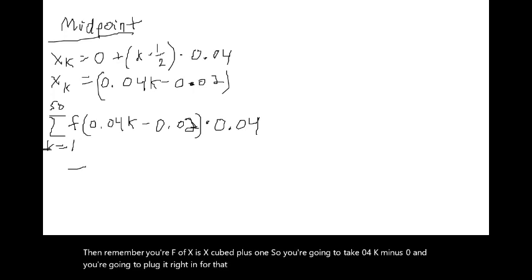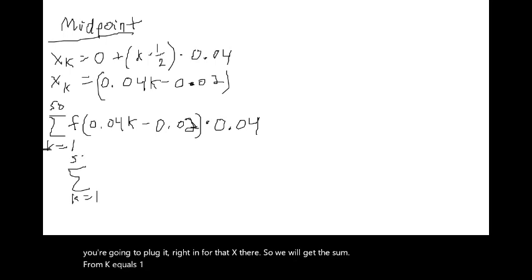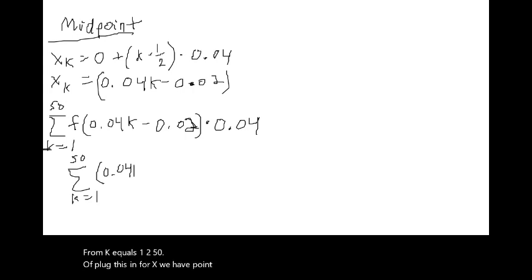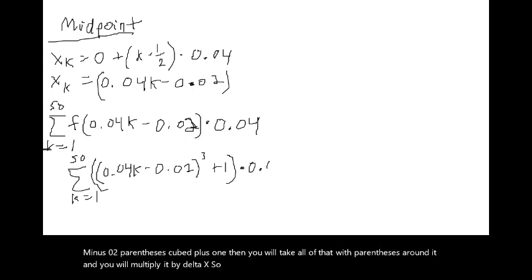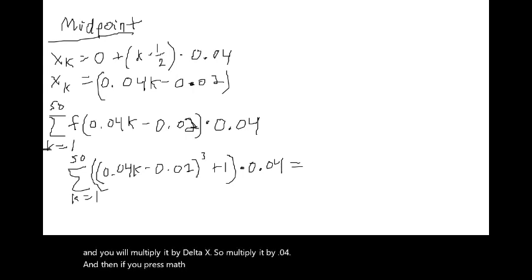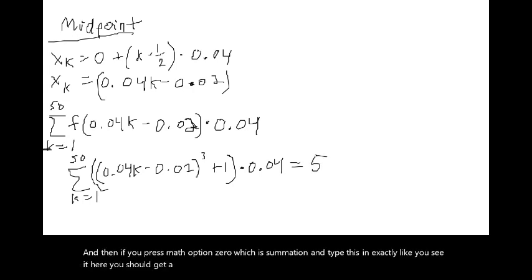So we will get the sum from k equals 1 to 50 of, plug this in for x, so we have 0.04k minus 0.02, parentheses cubed, plus 1. Then you will take all of that with parentheses around it, and you will multiply it by delta x, so multiply it by 0.04. And then if you press math, option 0, which is summation, and type this in exactly like you see it here, you should get a midpoint Riemann sum of 5.9992.